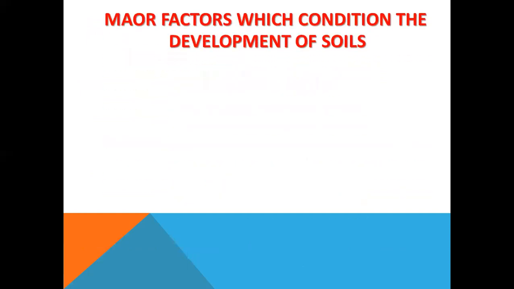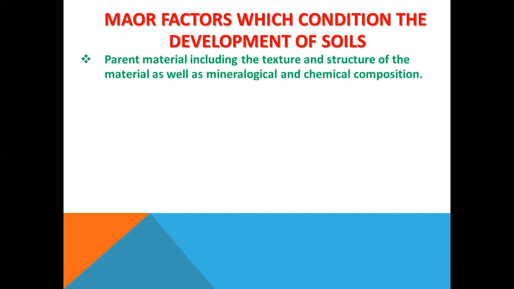Next topic is major factors which condition the development of soils. Number one, parent material, including the texture and structure of the materials, as well as mineralogical and chemical composition.